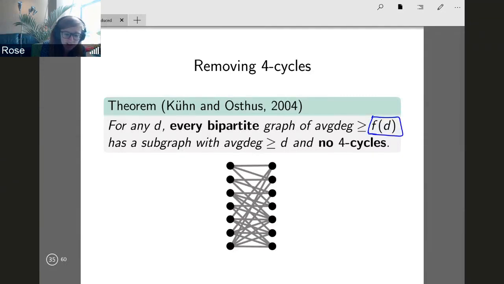They've worked on that, but so far the bounds are still exponential. So it seems to me that there's really a difference between this sort of sparsely dense setting where your average degree is at least a given constant versus actually being dense in terms of having a quadratic number of edges.